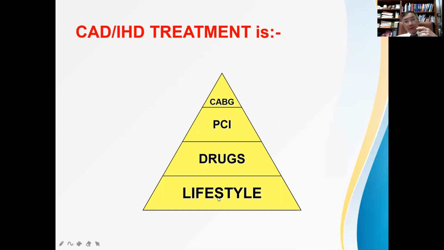And since this is the case, lifestyle measures and drugs are very important because you need to sustain them. You intervene with percutaneous intervention like stenting or bypass surgery whenever the need arises, whenever a condition or complication develops that needs us to perform those. But after having the intervention, drugs and lifestyle change must be continued.